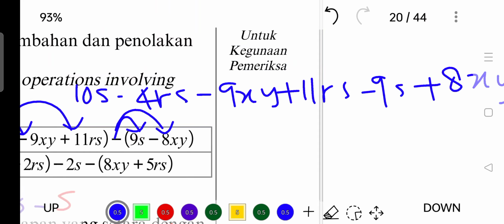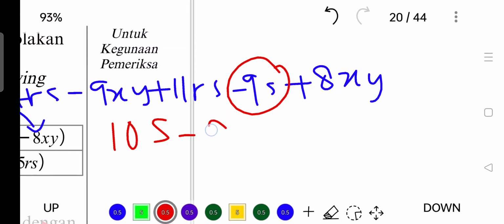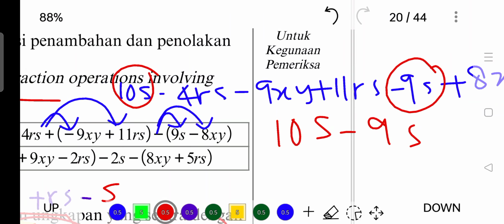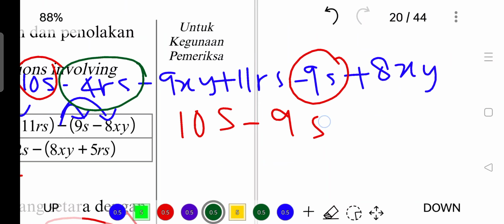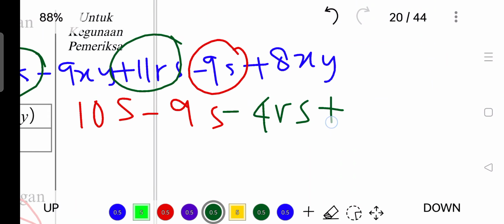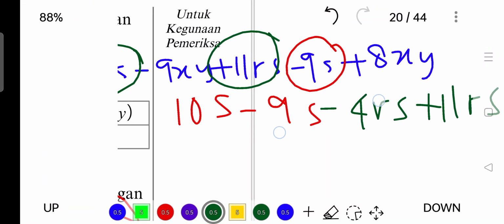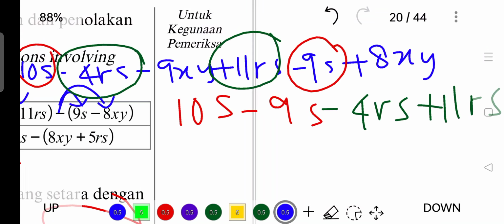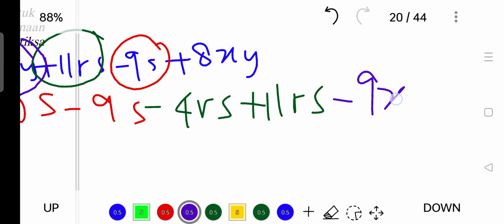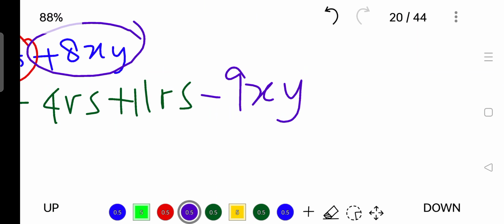Okay, people, so let's gather all of the family members together. 10s, and where is another 10s? Okay, family of s. Next we have minus 4rs and plus 11rs. Okay, done. Let's move to the last member, which is minus 9xy and plus 8xy.